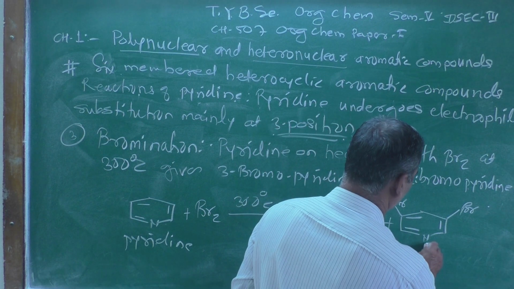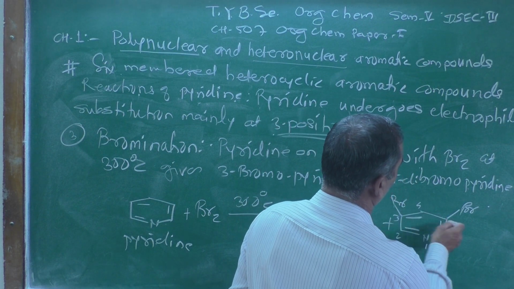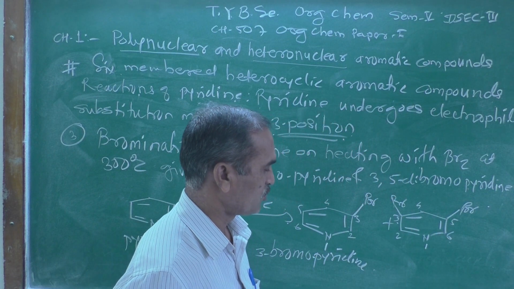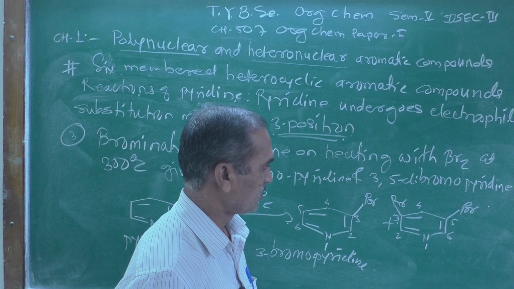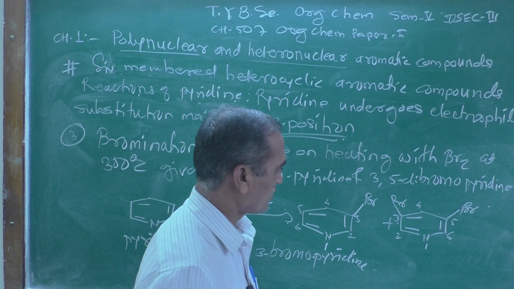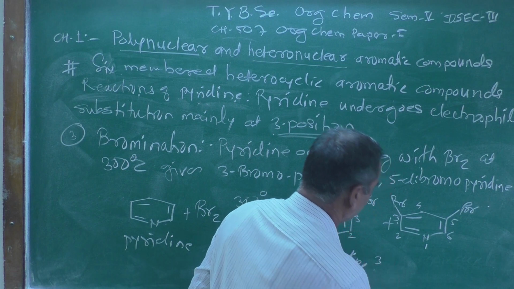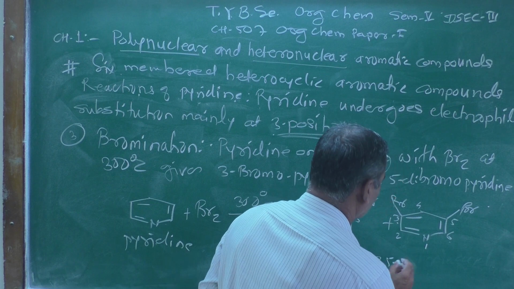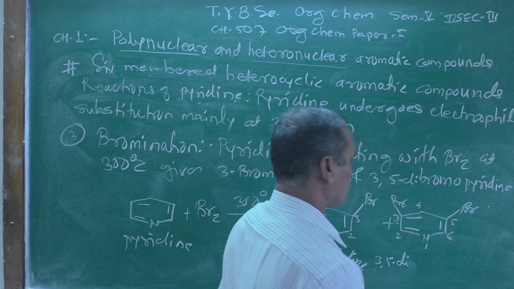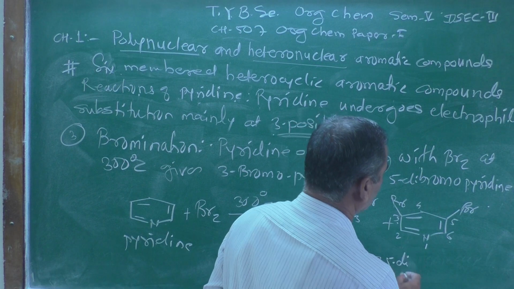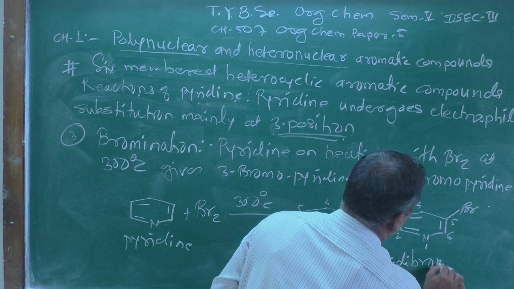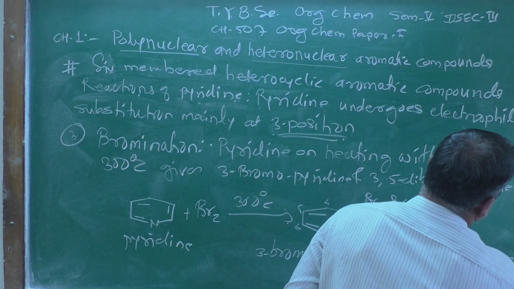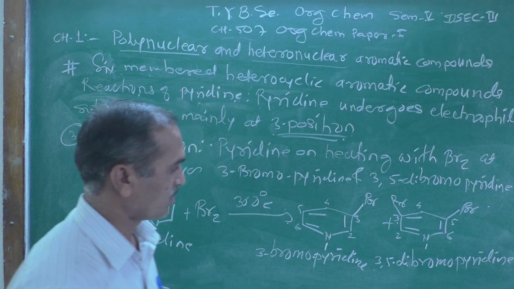So let's see here, 1, 2, 3, 4, 5 and 6. Look at the 3 and 5 positions. You can clearly see bromine atoms are present, so you can call it 3,5. Two are there, so you use the prefix di. So 3,5-dibromopyridine is the IUPAC name of that compound.